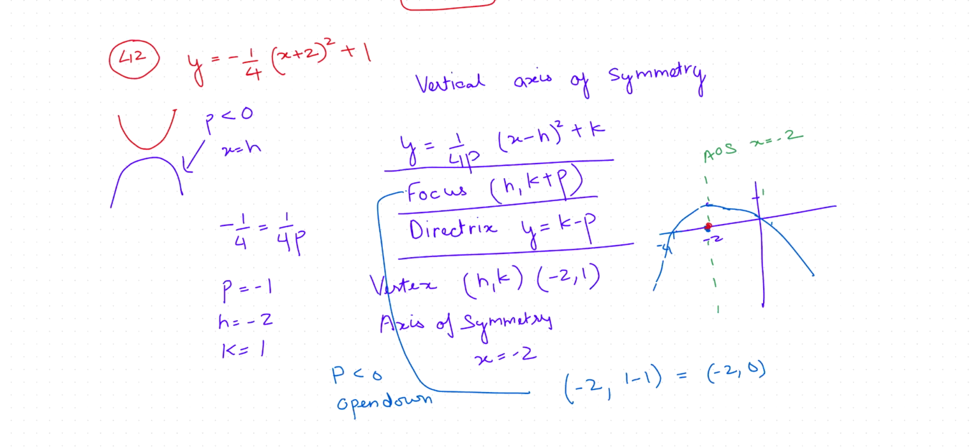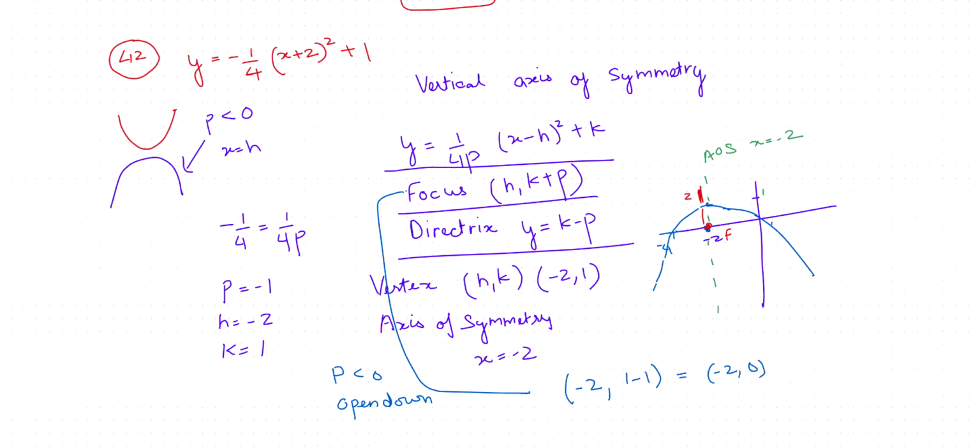Okay, this is the focus. And directrix, we know that whatever this distance is, it will be the same distance from the vertex up. The focus is 1 unit below the vertex, so the directrix will be 1 unit above the vertex.